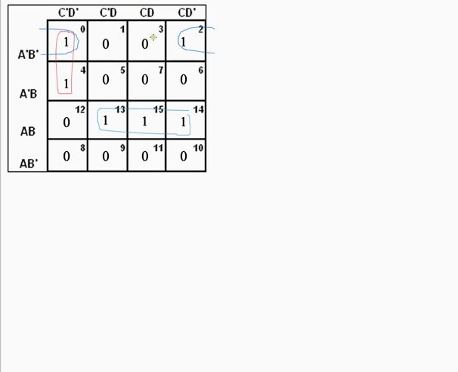So these 2, for example, will be D. These 2 will be C. But there's no way that you can take all 3 of them together. So you have to break that up. And if you break it up, you're going to have to take these 2 terms.